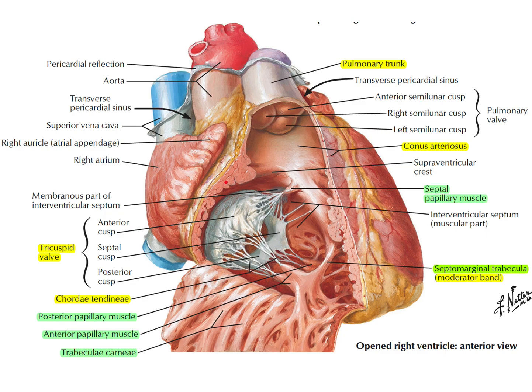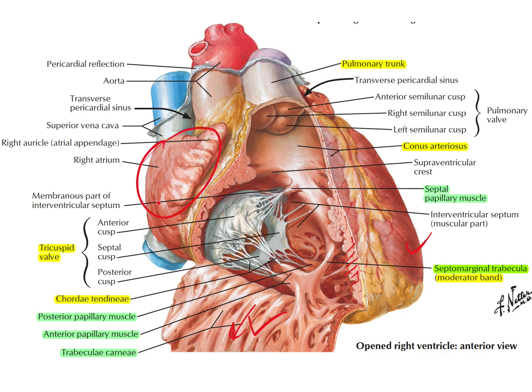So again, this is the right ventricle, in which the anterior wall of the ventricle is reflected here, and you will know later that the wall of the right ventricle is thinner than the wall of the left ventricle.